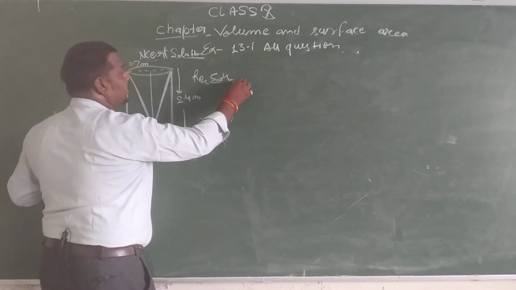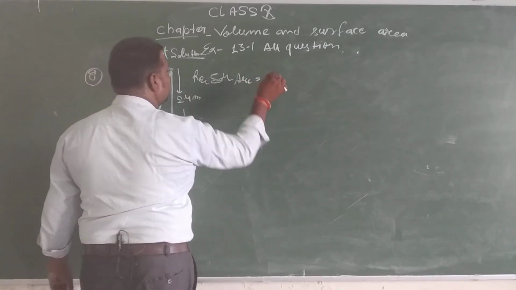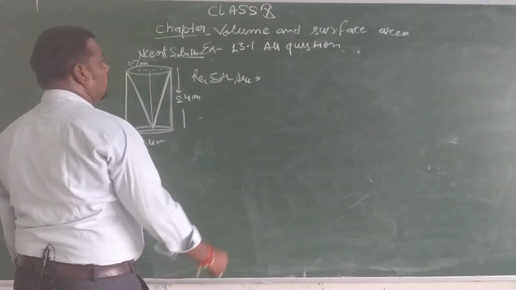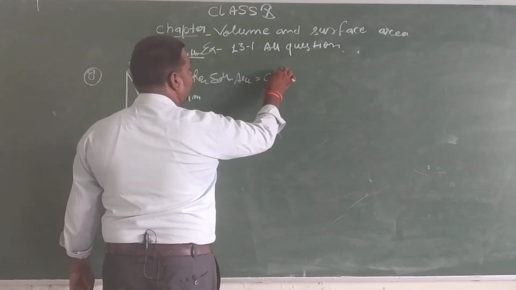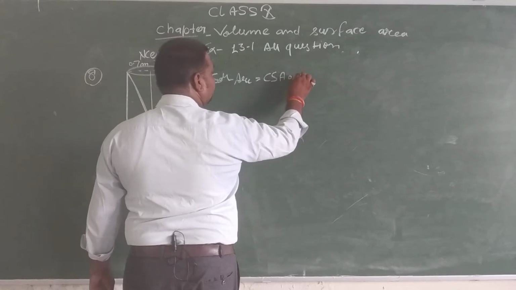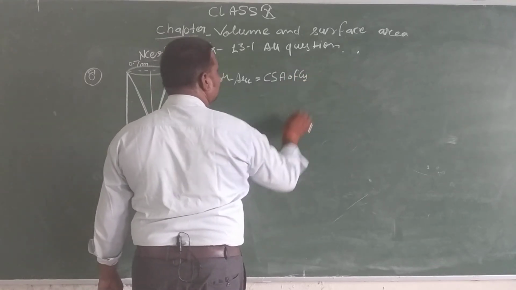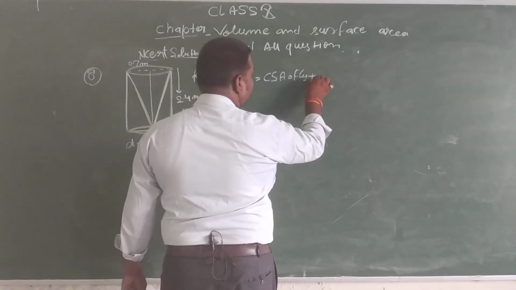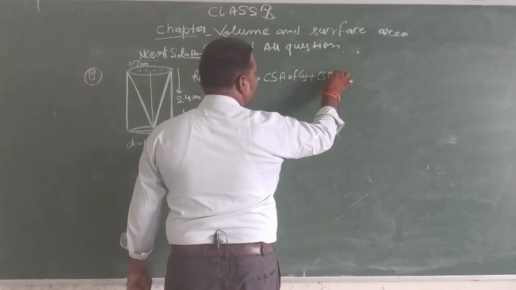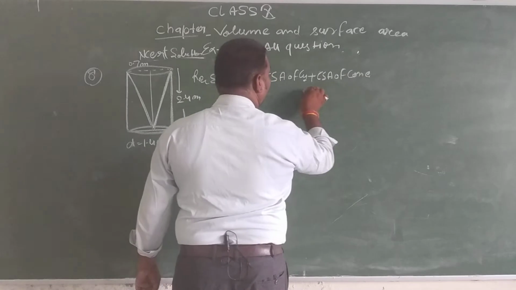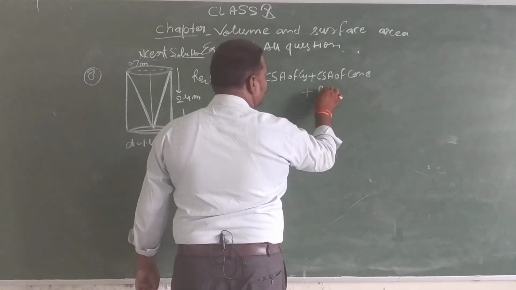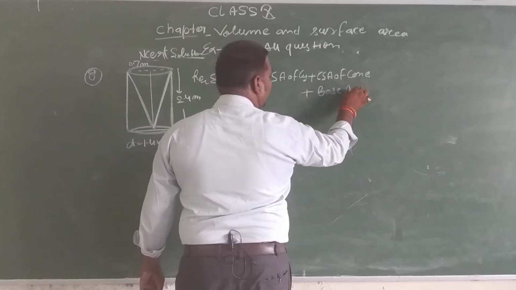The remaining solid area is equal to CSA of cylinder plus CSA of cone plus base area.